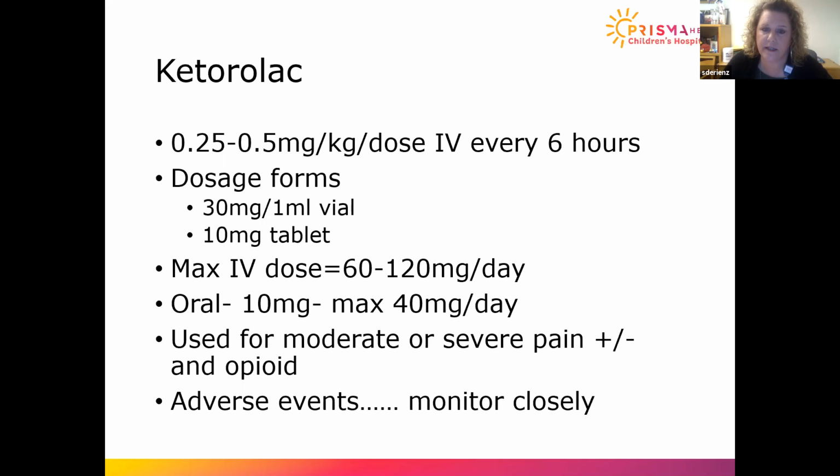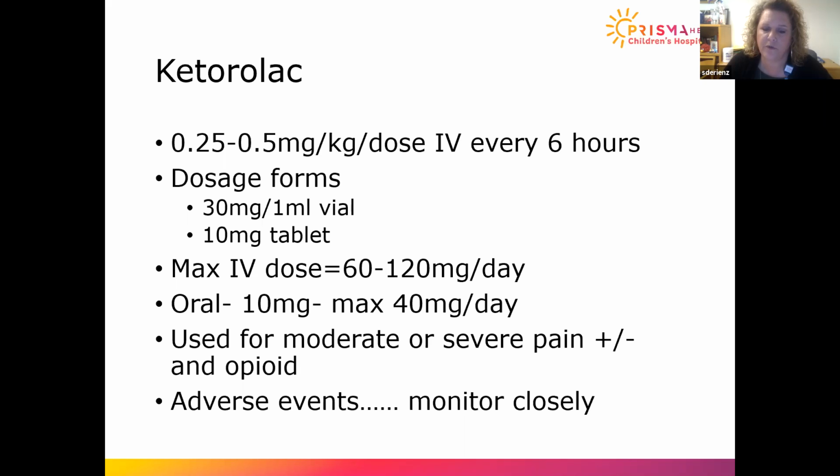When you order it in the plan, it gives you a hard stop of 15 milligrams. So that is something that we've been talking about and trying to wrap our heads around whether we want to continue that practice. If you feel strongly that your patient needs the 0.5 mg per kg up to the 30 milligram dose, let pharmacy know, and we can help you with that.